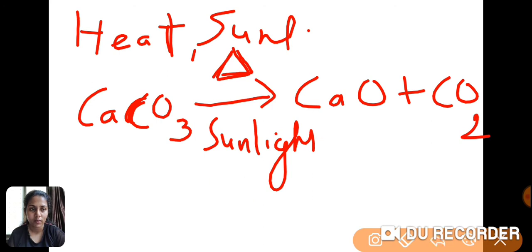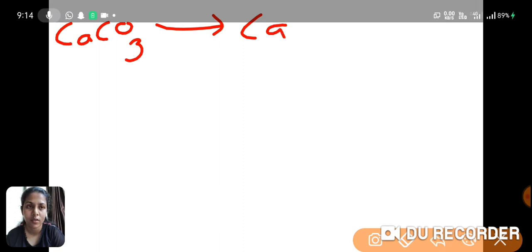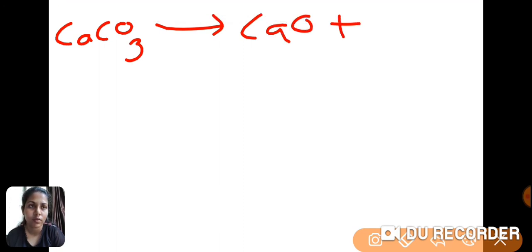Now second. Gas liberation. Okay, again the same example. Let me write CaCO3 gives CaO plus CO2.